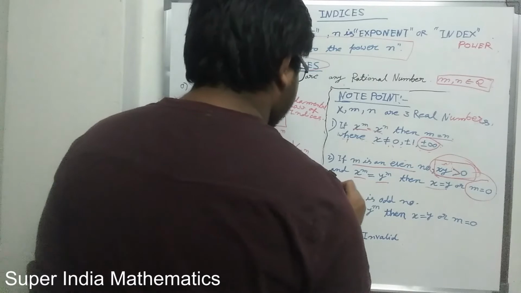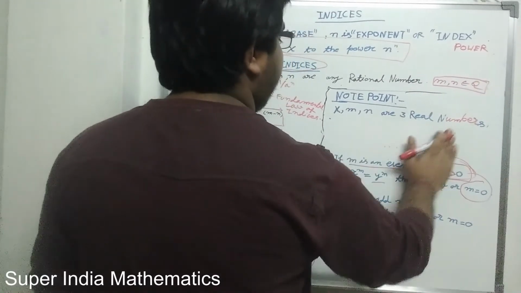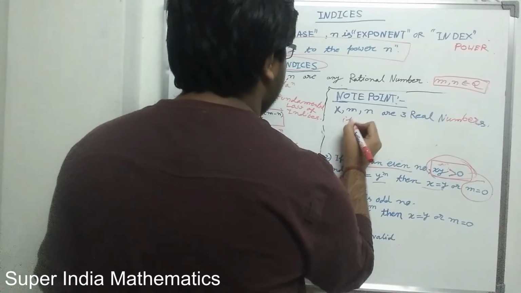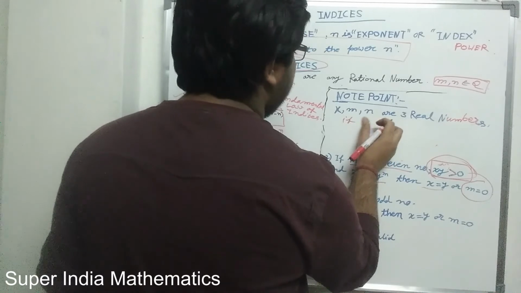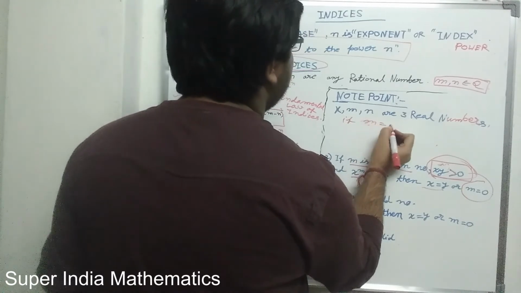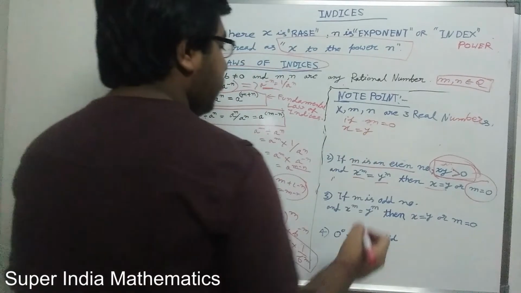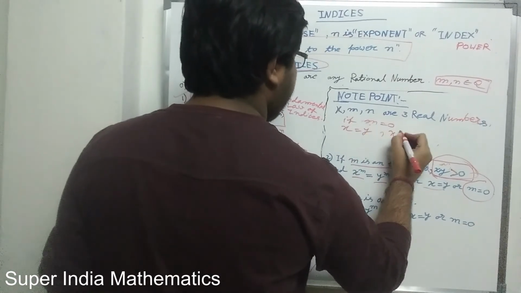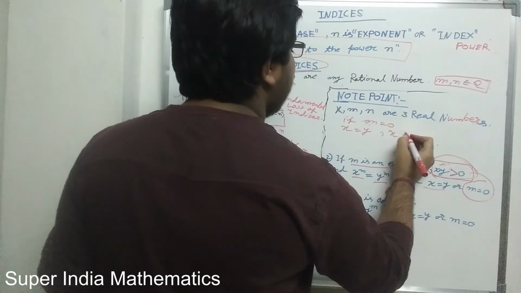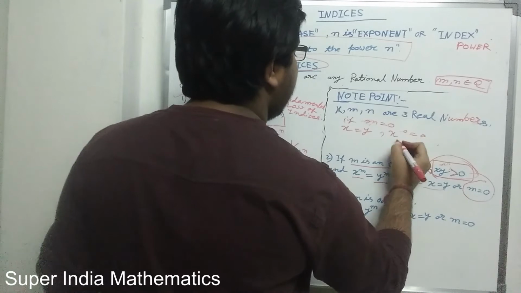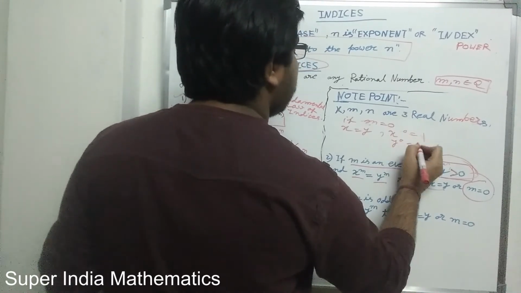Okay, this means that if m equal to 0, x to the power 0 equals 1, and y to the power 0 also equals 1.